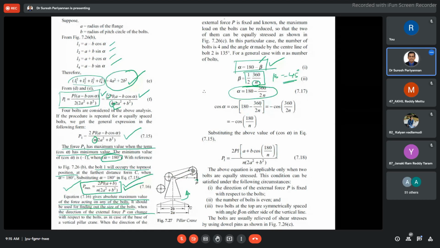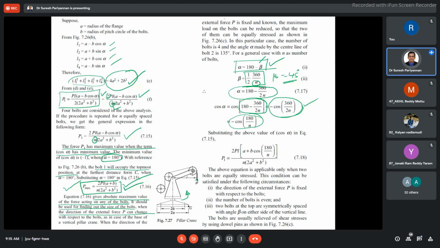Cos of 180 minus theta is nothing but minus cos theta. Then cos 360 divided by 2n. Finally, cos alpha is equal to minus cos 180 by n.